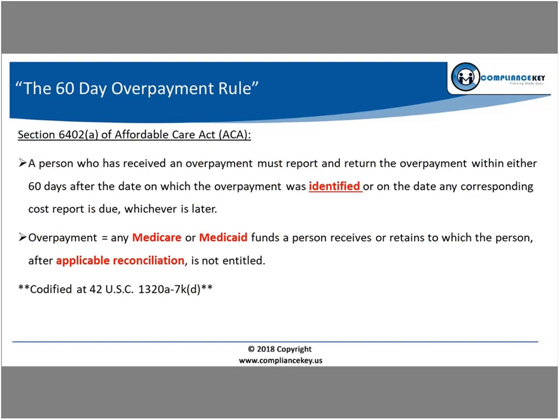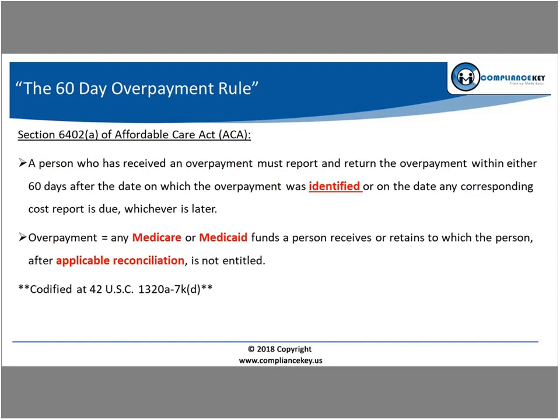And typically, a person that has received an overpayment has to report and return the overpayment within either 60 days after the date on which the overpayment was identified, or the date any corresponding cost report is due, whichever is later.